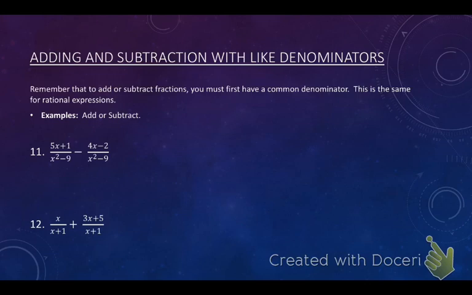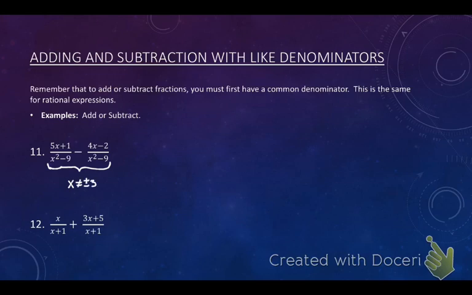So if we look, first things first, I still need to check to see what my restrictions are down here. Like, what can x not be? Can it be positive 3 and negative 3, right? So x can't be plus or minus 3.